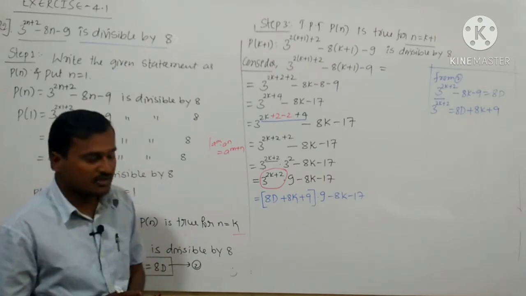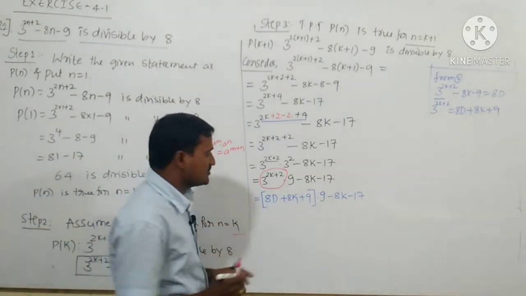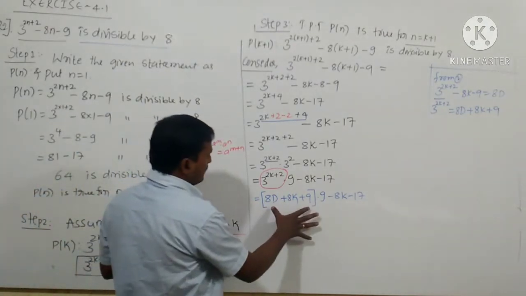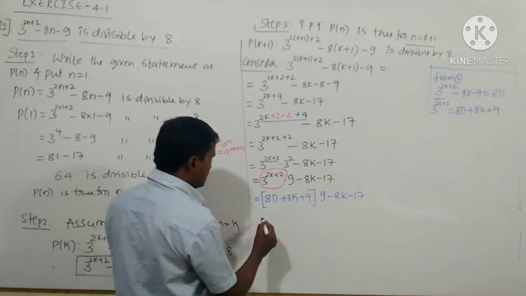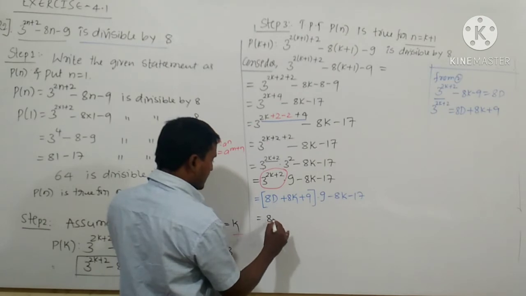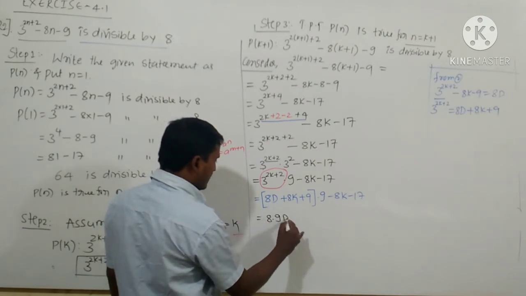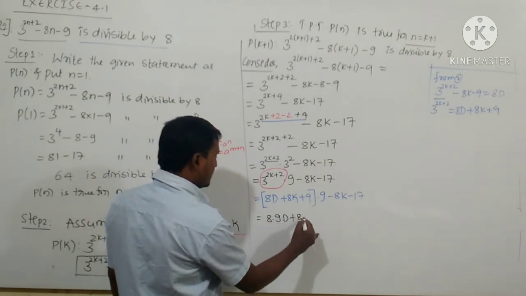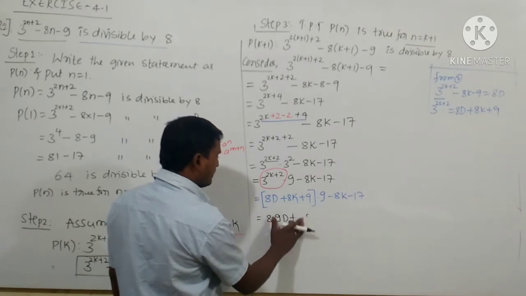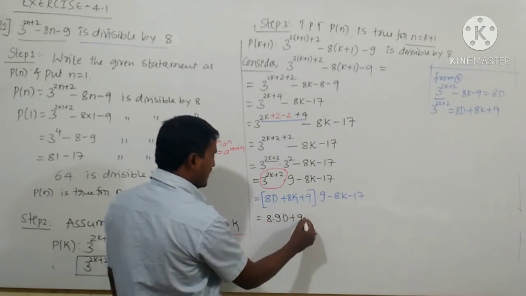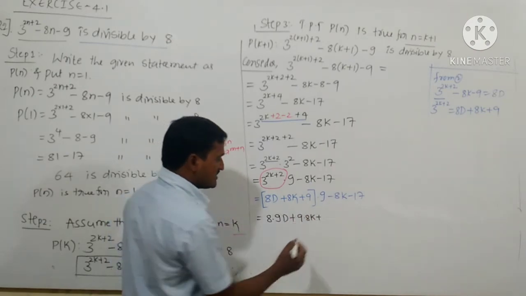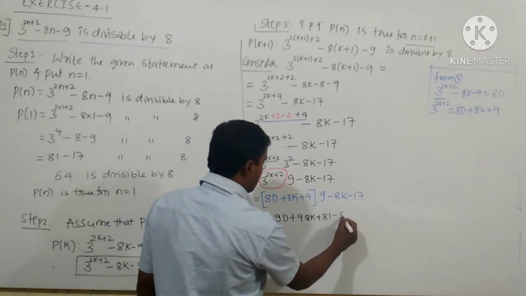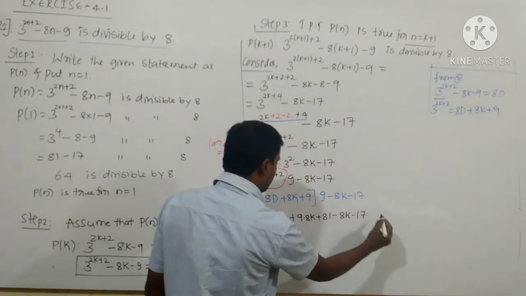According to that we have to adjust. Again for these three terms multiply by 9. So if you multiply by 9, here you are getting 8 into 9 into d plus 9 into 8k plus 9 into 9 means 81, minus 8k minus 17.